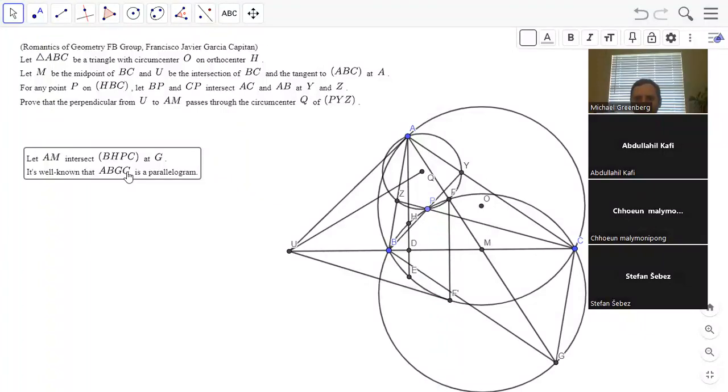So then, first I'm going to show that AZPY is cyclic.